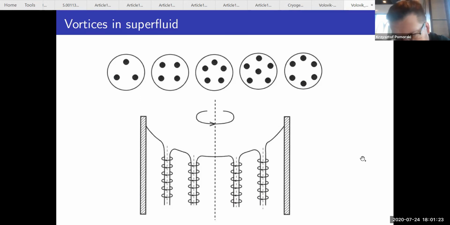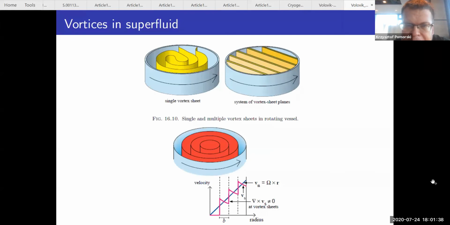And also, these vortices will repel each other, right? And this is how it is done experimentally, and it's almost accessible by the naked eye, these vortices.